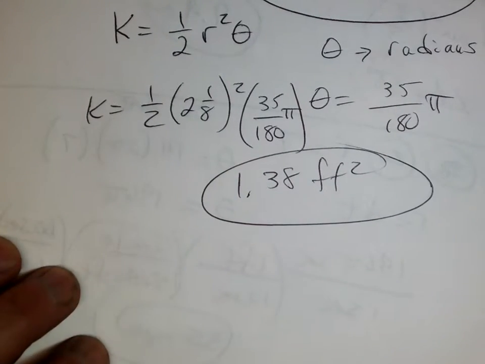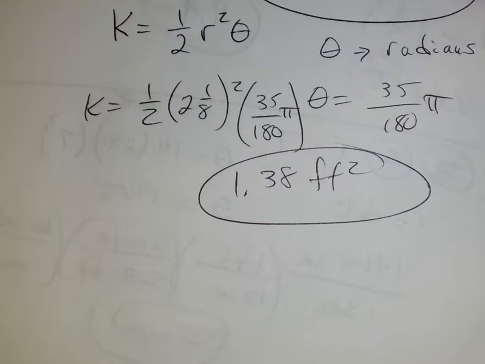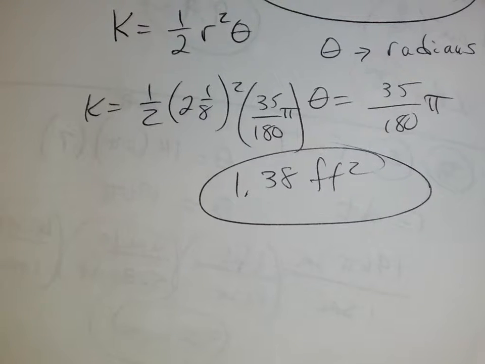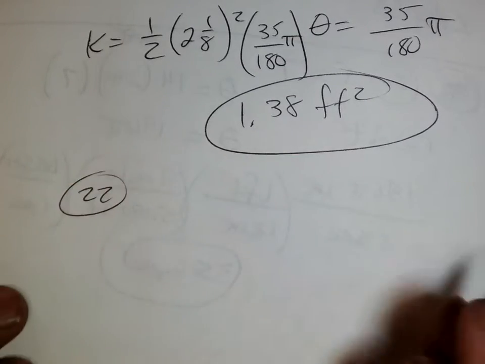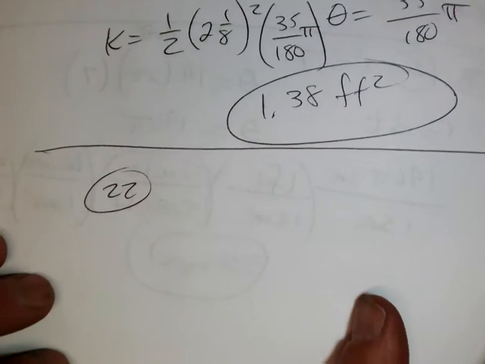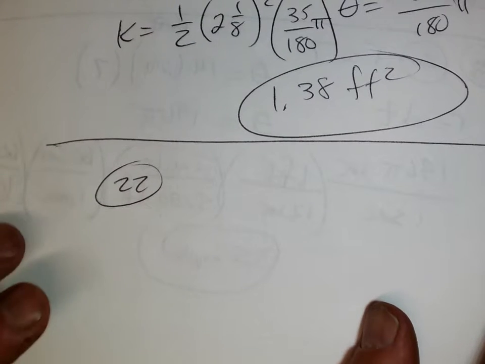It's not a very big area, is it? It's all right. Okay, moving on. Number 22. Oh, I didn't even need to do that one, did I? No, I just got interrupted, so that happens when I get interrupted.